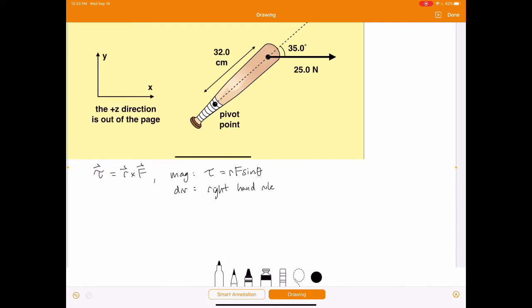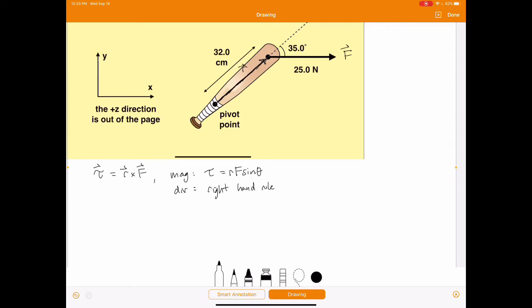So let's start with the direction. We know what the force vector is. That's the one that's pointing to the right over here. Remember, the r vector, which we can indicate on the diagram, is going straight from the axis of rotation, the pivot point, to the point where the force is applied. So this would be the r vector right here.